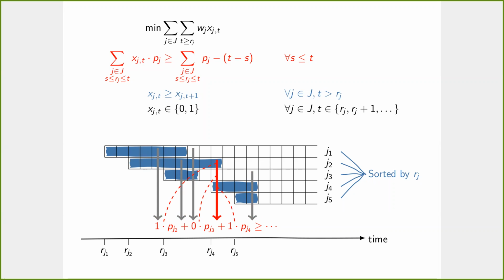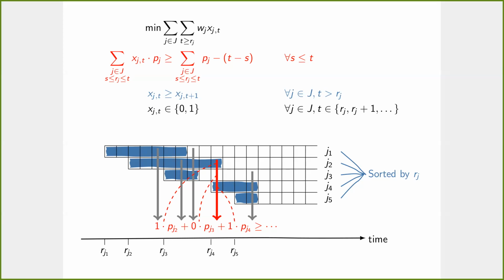Recall that we want to decide how long these blue bars go on, and each of these vertical constraints says, okay, the jobs of which the blue bars intersect with this vertical ray need to have at least some certain processing time.